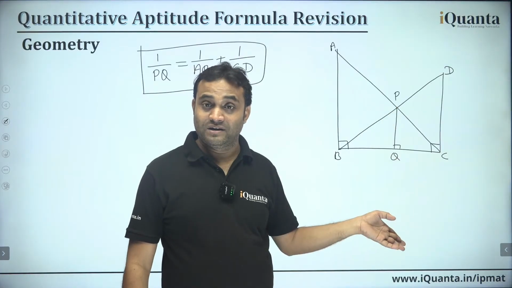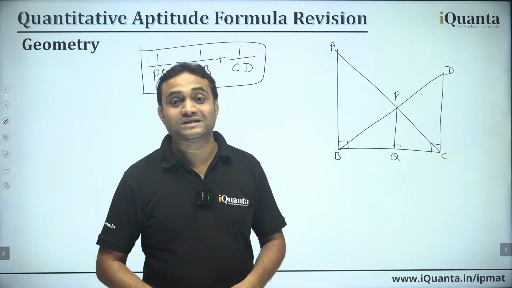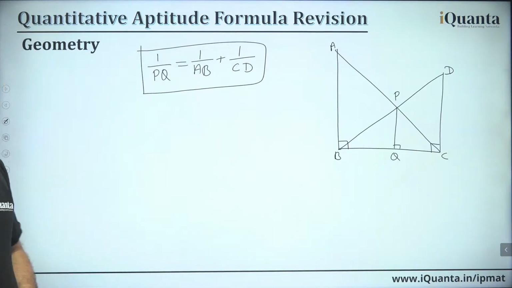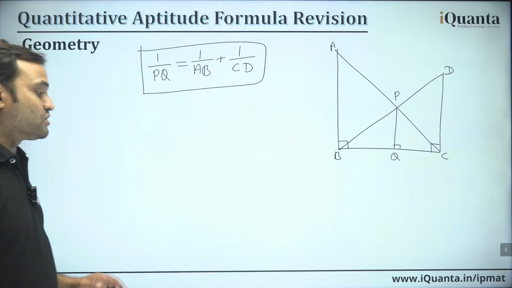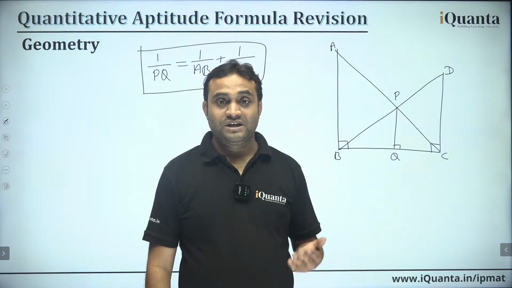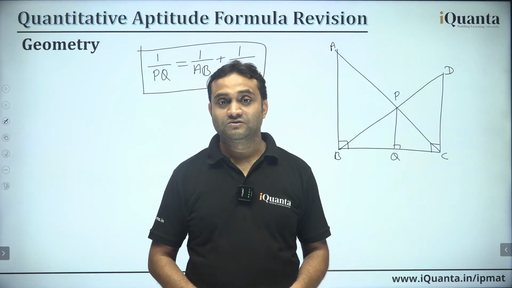This is how you find it, right? We can prove this using similarities, but you can use this direct formula in the questions. You just need to recognize the proper language of the question, that you can draw this figure by the information given, all right?